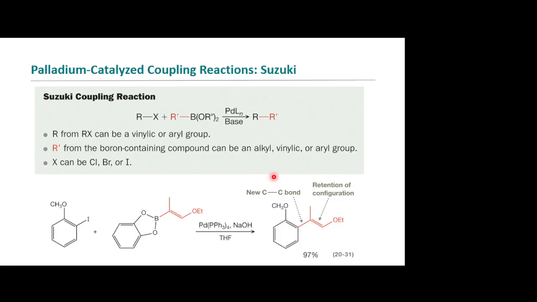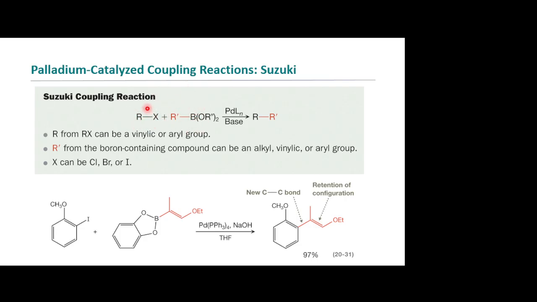Okay, let's talk a bit about palladium catalyzed coupling reactions, or Suzuki reactions, and the Heck reaction as well. So this is the Suzuki coupling reaction right here. And again, you're going to be taking two R groups, two carbons, and coupling them together. In this case right here, we're going to have a boron-containing compound.